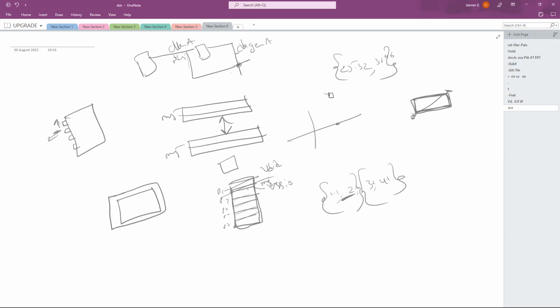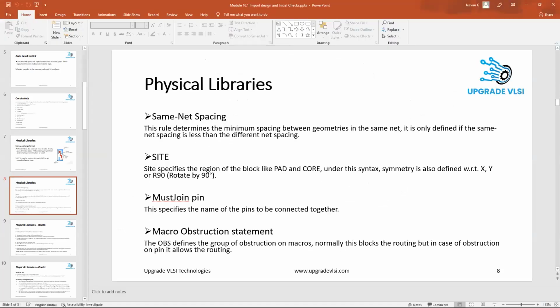Beyond M5, at M6 or M7, you can go through, because you don't have any M6 metal layer here, right? That is the same thing explained here. See, the OBS defines the group of abstraction on macros. Normally the abstraction blocks the routing, but in case of abstraction on a pin, it allows the routing.